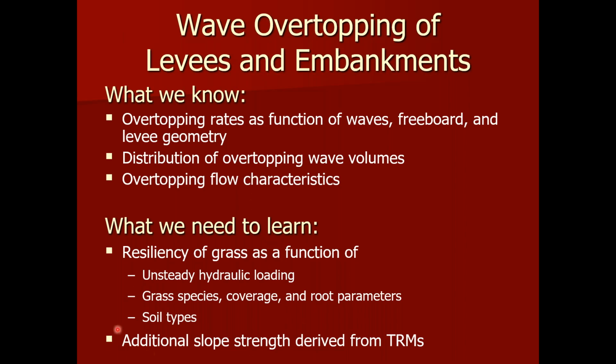But what we didn't know was the correlation between the unsteady hydraulic loading and steady state hydraulic loading, the effect of the species, the coverage, the effect of soil types on it, and then what sort of strength could we quantify? What sort of improvement can we quantify for using TRMs in this high energy, highly turbulent environment?